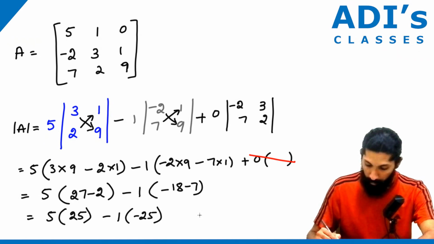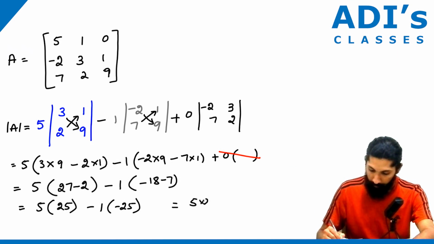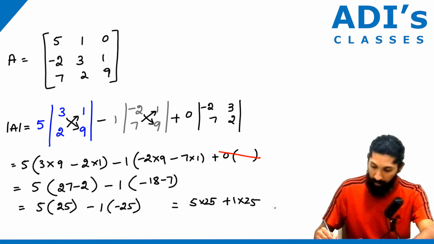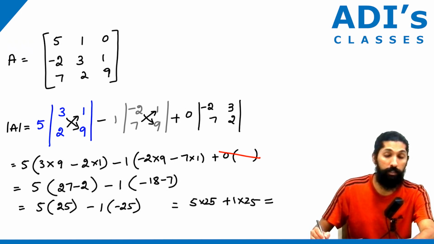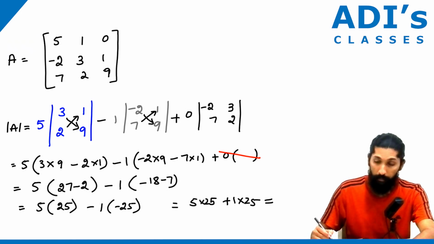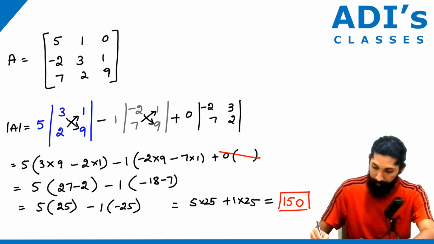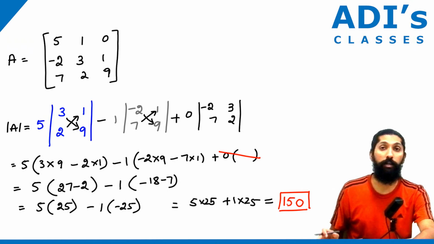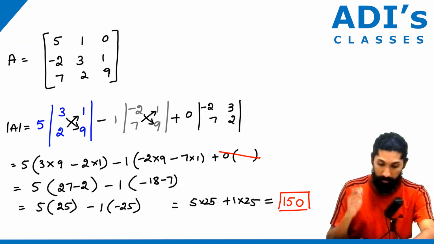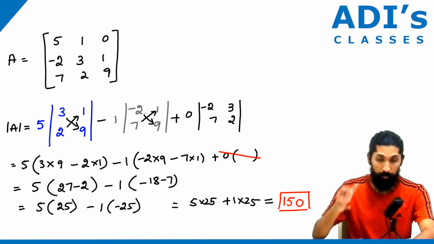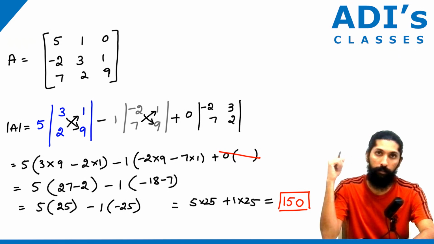So you have 5 into 25 plus 1 into 25, which basically is 6 into 25. So final answer becomes 6 into 25. Correct? 6 into 25 is 150. This is the final answer for this example. That means the determinant of the given matrix is 150.